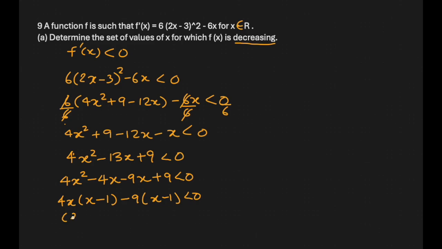So it comes out to be x minus 1 and 4x minus 9 less than 0. We did not do any negative. Okay, so roots, the two roots were, if it was a polynomial, it would cross x-axis.